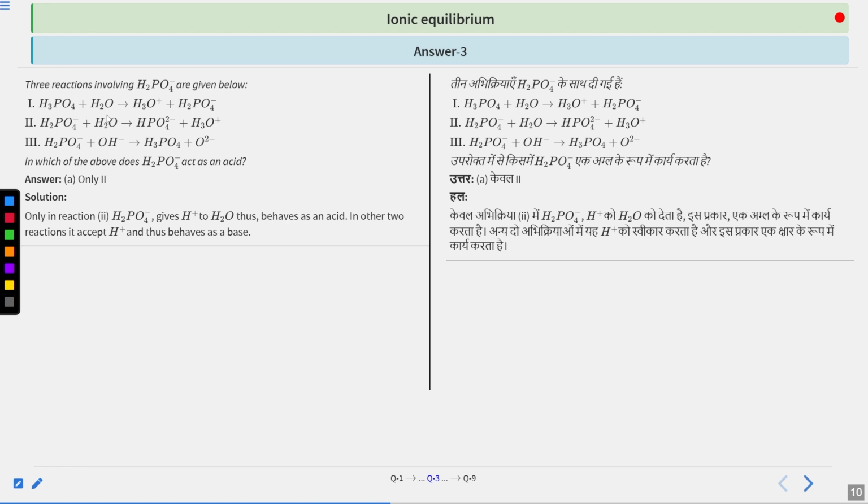And that H plus is being accepted by the H2O, that is water, to produce H3O plus. Since H2PO4 minus is donating H plus in the second reaction, we can say that it is acting as an acid, whereas the water molecule is acting as a base by accepting this H plus. I hope you got the point.